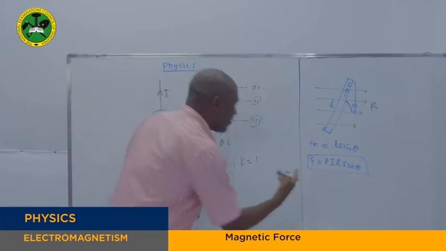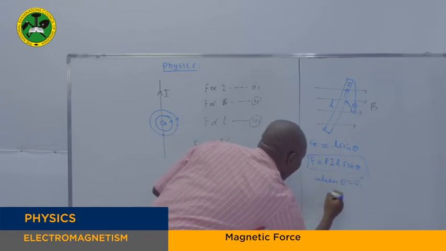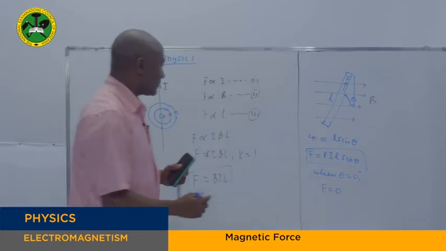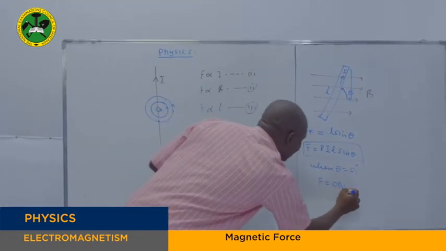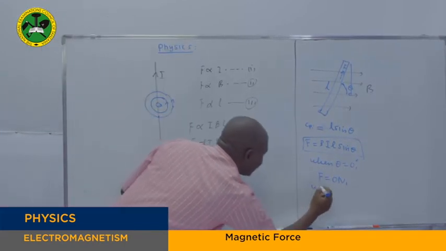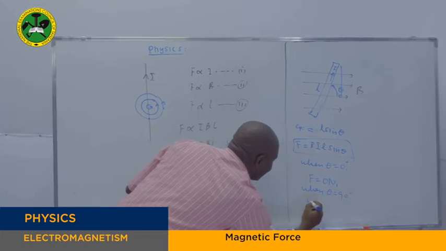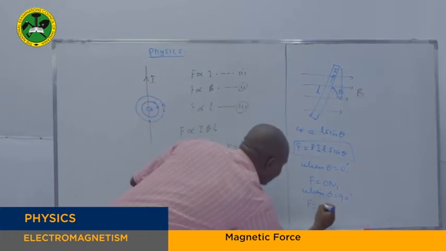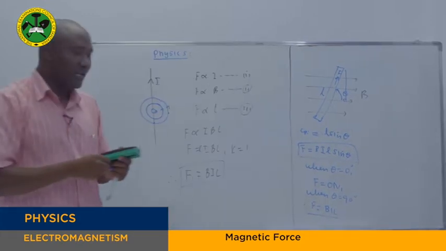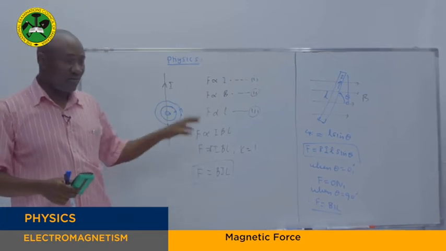When the angle is 0, the magnetic force is 0. And when the angle is 90 degrees, the magnetic force is maximum, since sine of 90 is 1. So that is the formula you get when deriving the magnetic force on a conductor.